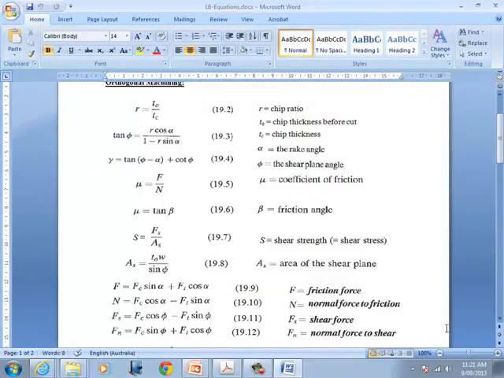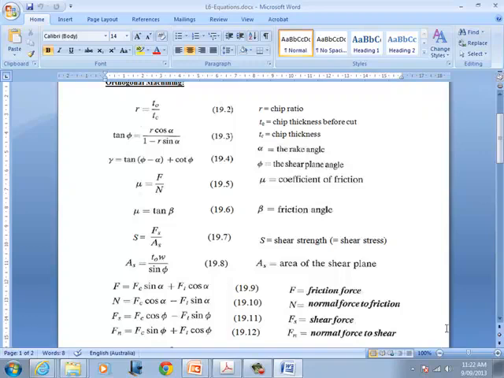Alpha is 10 degrees. And the other thing which was given in the previous problem was phi, which we computed. Phi, which we computed from the previous problem, was 25.4 degrees. So we've got alpha of 10, we've got phi of 25.4.